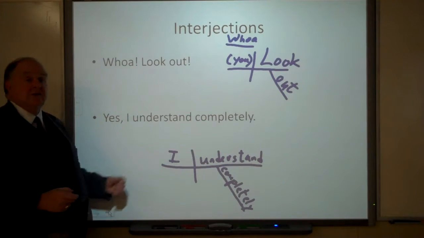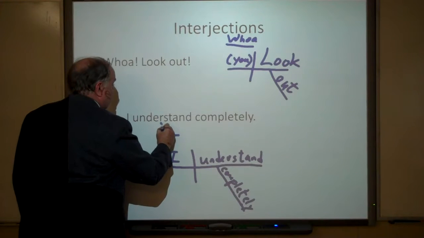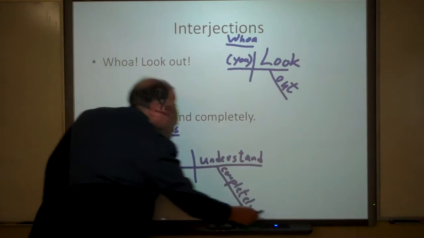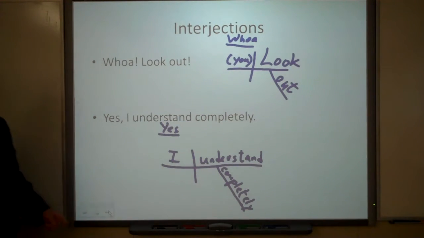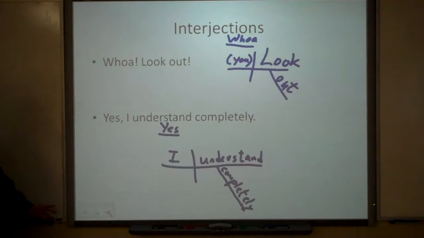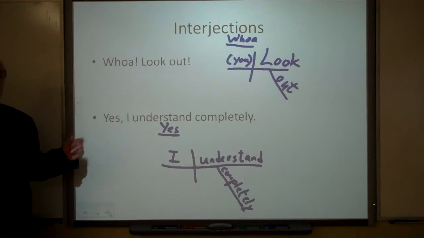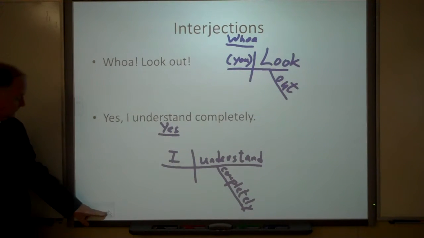And then yes is the interjection. So it goes on a line parallel to the subject line above the subject, like that. And of course the yes is capitalized because it's the first word in the sentence. So that is how you would do interjections.